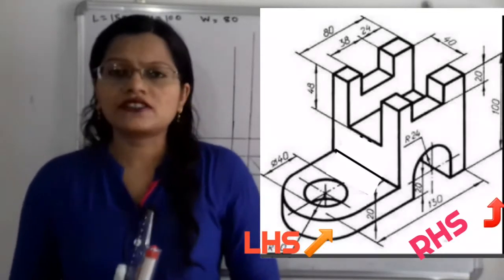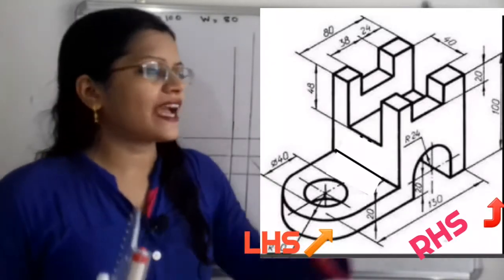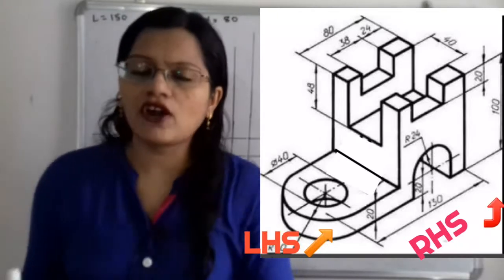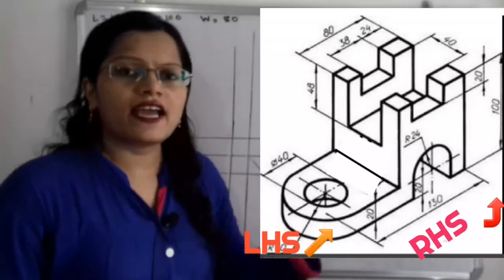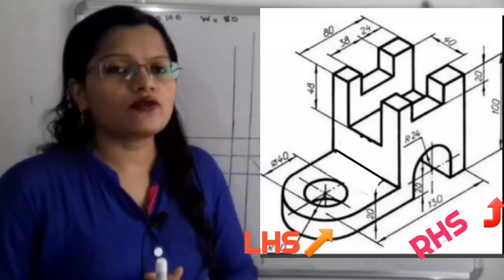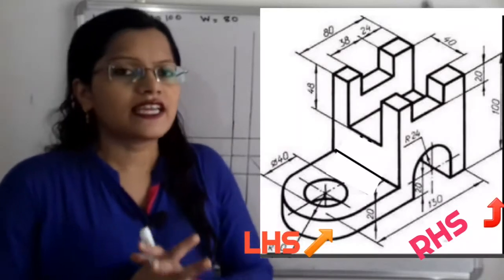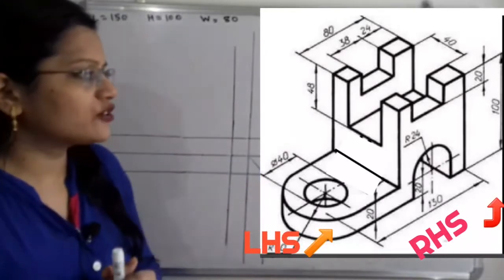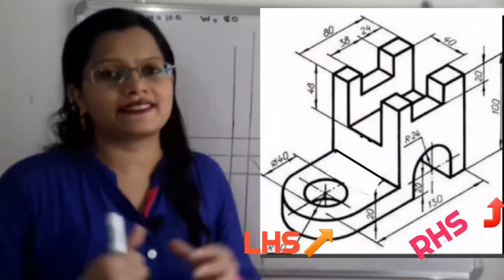So let us first understand what the given problem is. Here the three-dimensional object is given. For this object there are two sides, the right hand side and the left hand side. We have to consider both and select which will be our front view. For the selection of the front view, we have to select the side which has the maximum length.